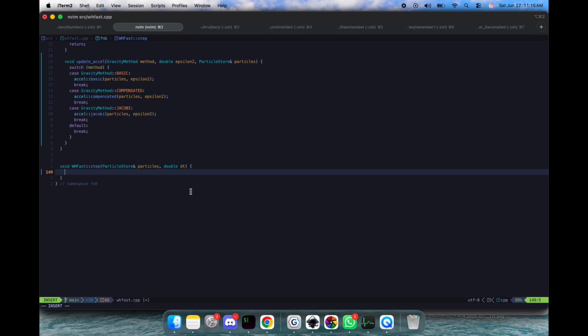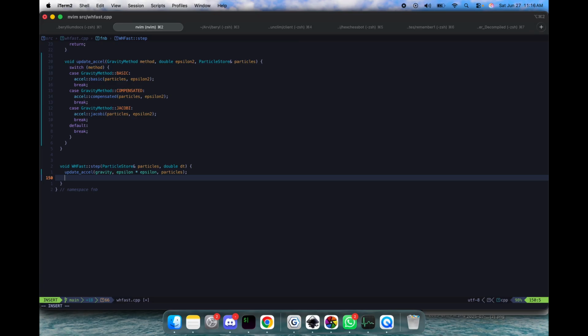Yeah, this won't be that complicated of a procedure. So let's get to work. If I update the acceleration with gravity epsilon times epsilon and particles. Okay.